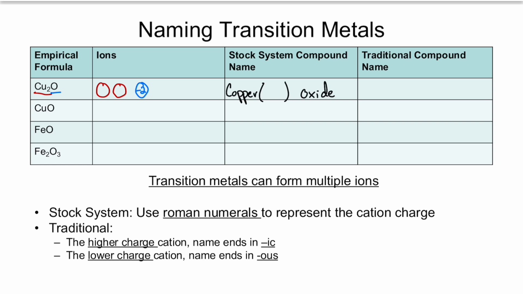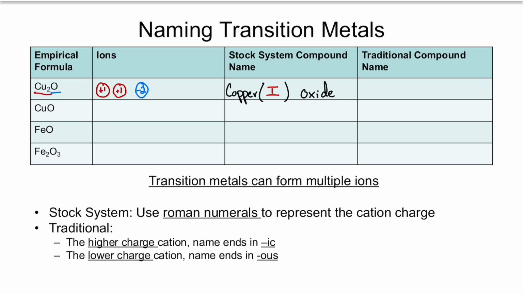Well, one thing that always has to be true for ionic compounds is that the total charges of all the ions have to add up to 0. So the only way for 2 copper ions to combine with a -2 oxide and have the charges add up to 0 is if each copper is a +1. So for the stock system, I'd make it copper Roman numeral 1.